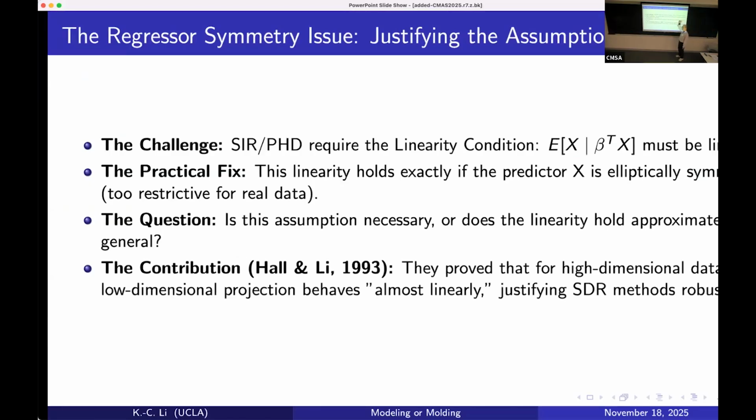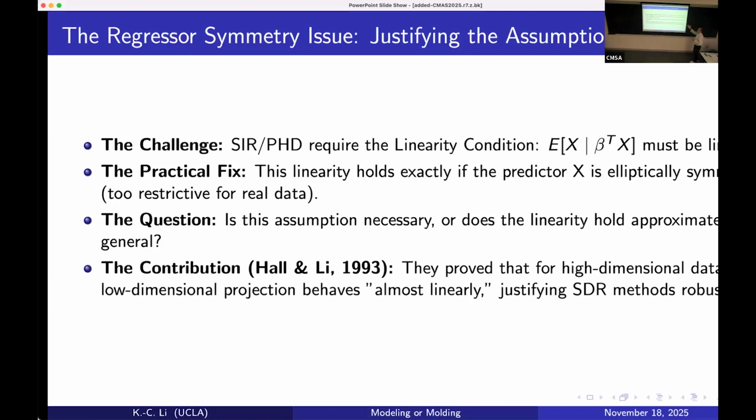If we condition on these two directions, then taking the expectation of that, this has to be linear. Otherwise, suppose this has just one direction, and it pops up as a curve, then you have to leave the one-dimensional thing for a two-dimensional thing. That becomes a headache. It's not saying that you cannot do anything, but just to simplify, I would assume this will be just one-dimensional. So that's a big assumption.